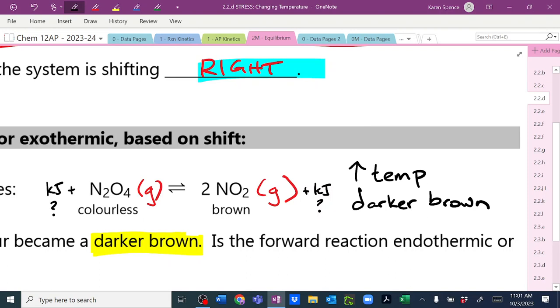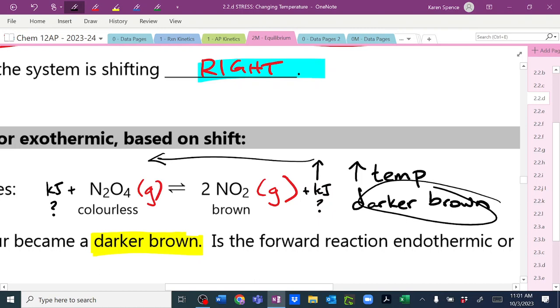If you were asked this on a multiple choice question, the arrows would be a really good, fast way to figure this out, yes? Because you could say, if I increase the temperature and my kilojoules are on the right, then it would shift towards colorless, and that doesn't match what I see, yes? That means that the forward reaction must be endothermic. And you would just leave it at that because it's a multiple choice question.